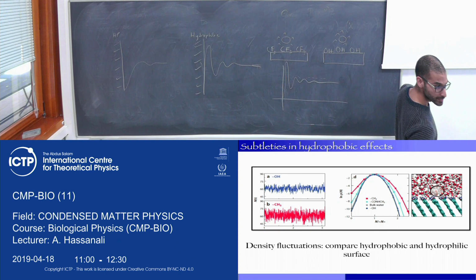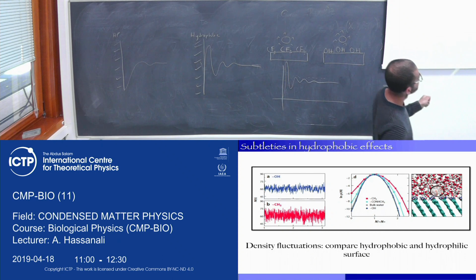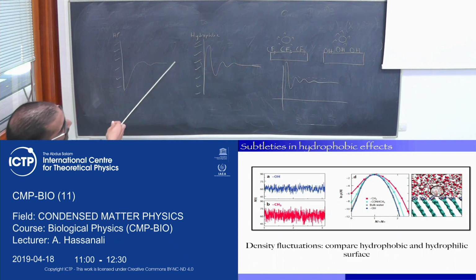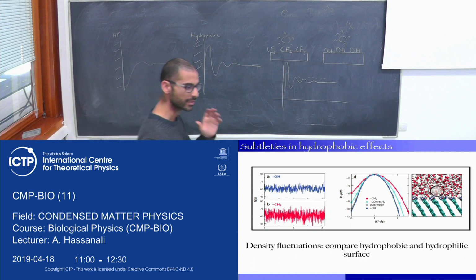By looking at the probability of finding 0 particles, or the free energy required to create a cavity, you get a much better measure of whether the surface is hydrophobic or hydrophilic. So you have to distinguish between average densities versus fluctuations. This is the important message.